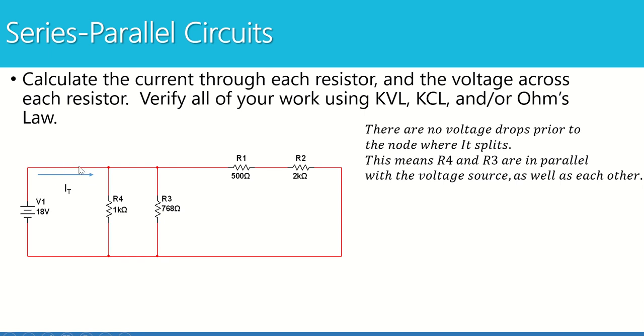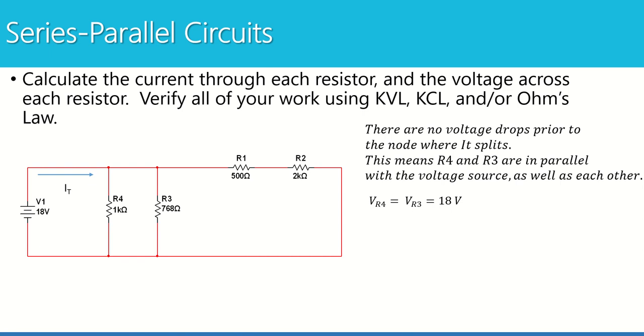If there was a resistor right up here, or a resistor here, or a resistor here, or a resistor here, none of this would be true. But because there are no voltage drops until we get to this node and then the current splits, we can say that R3, R4 are in parallel with the voltage source. So I know the voltage for R3 and I know the voltage for R4.